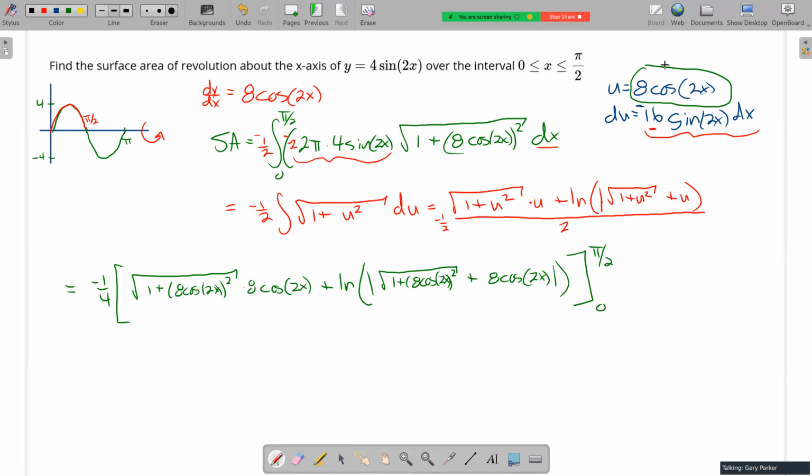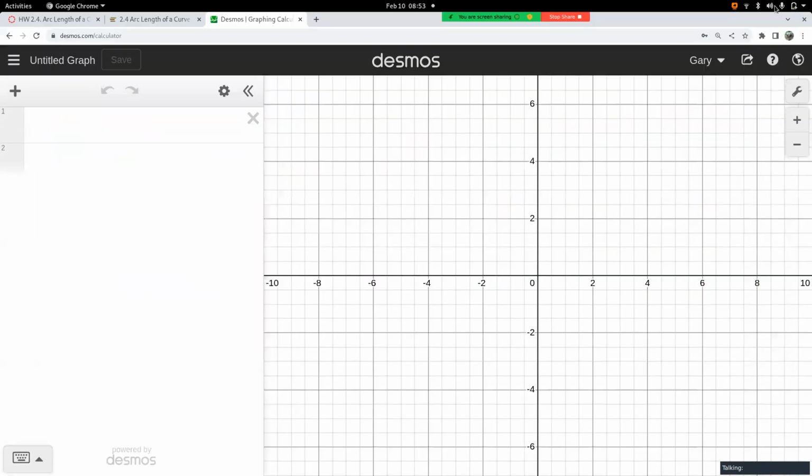And on a calculator, we ought to check both our evaluation of the antiderivative and our evaluation of the definite integral. All right, wish me luck on the calculator here. So let's create an antiderivative function first.